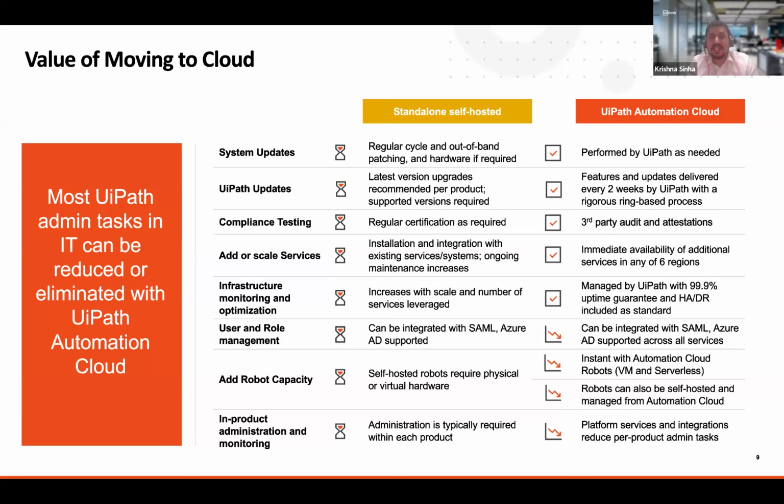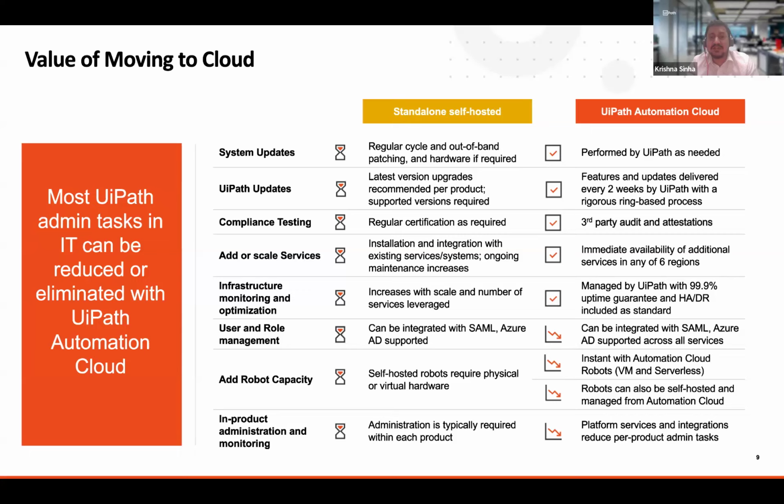Infrastructure monitoring and optimization: obviously in standalone it always needs to be monitored and taken care of, but in the cloud it's managed by UiPath, so we are assuring 99.9% SLA uptime guarantees, and HADR is included as a standard practice. User and role management: in standalone, we can apply it, but on a product basis, and it can be integrated with SAML, Azure, and AD.